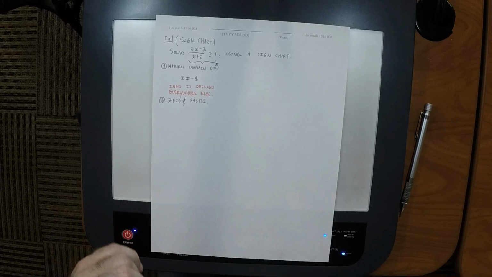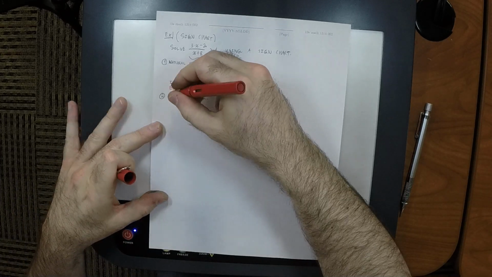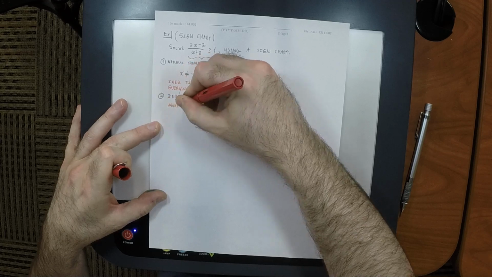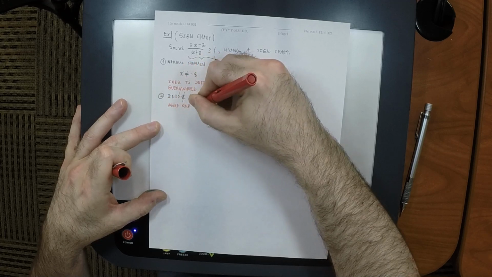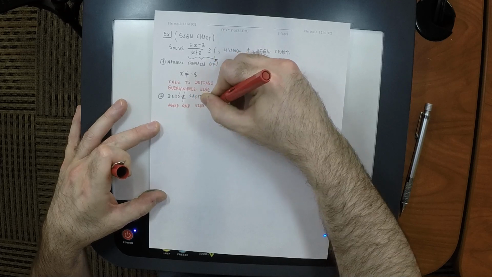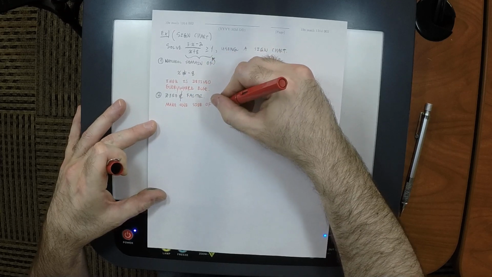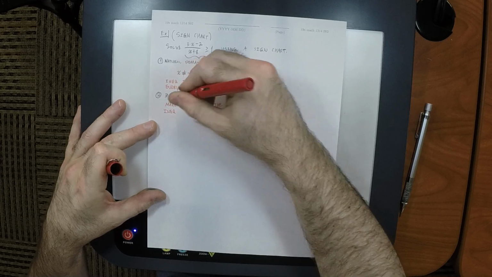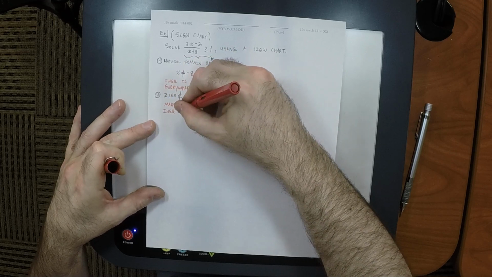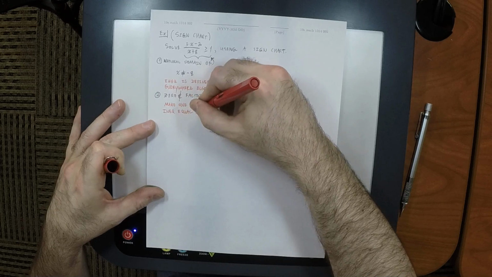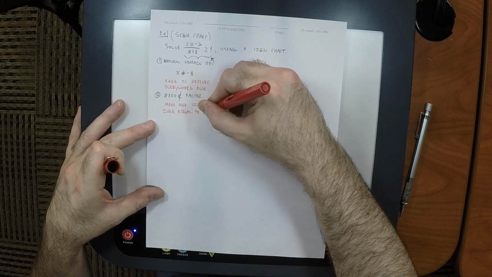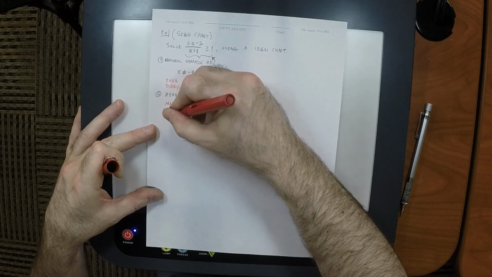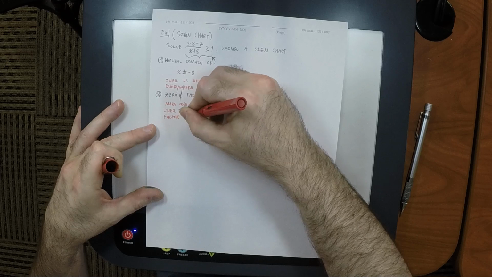So specifically what we want to do is make one side of the inequality equal to 0, and then we want to factor the non-zero side.